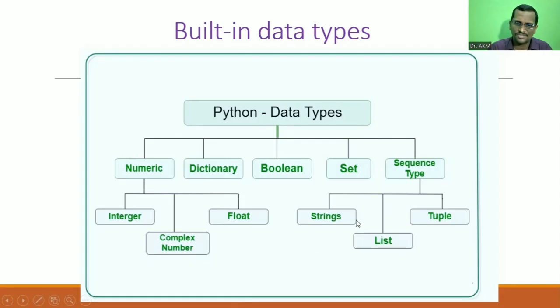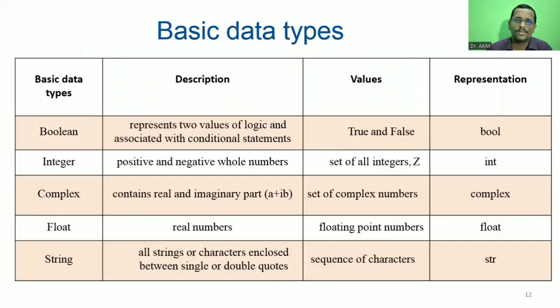And the sequence data types are strings, list, and tuple. Next, these are the fundamental or basic data types in Python programming: Boolean, integer, complex, float, and strings. These are frequently used in Python programming, so they are called basic data types.